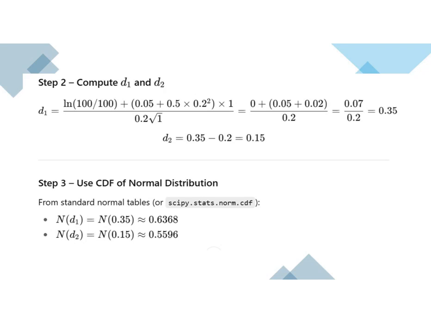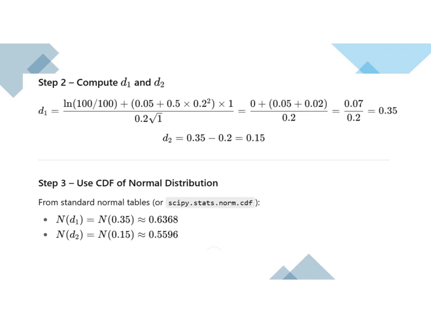Now, let's calculate the values of D1 and D2, which are important for the next steps. For D1, we use the formula involving the natural logarithm of the ratio of the stock price to the strike price, plus the risk-free rate and half the variance multiplied by the time to maturity. Plugging in the numbers, we get 0.35 for D1. Then, we find D2 by subtracting the volatility term from D1, giving us 0.15.